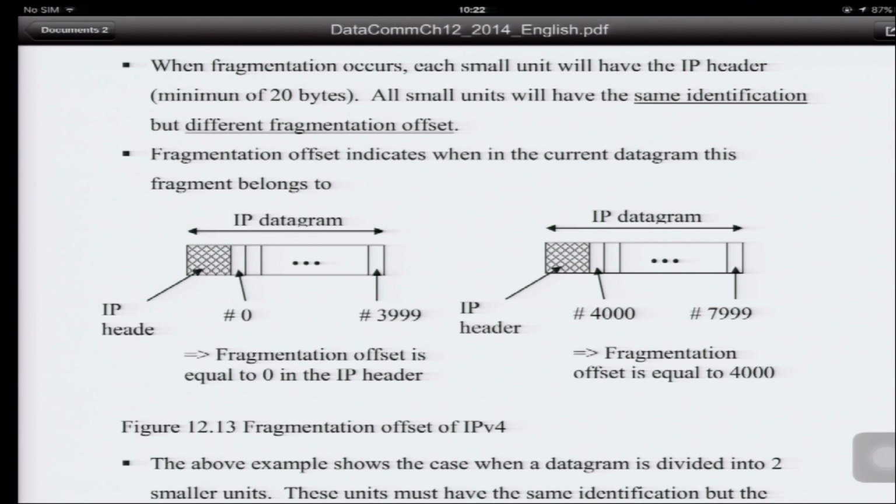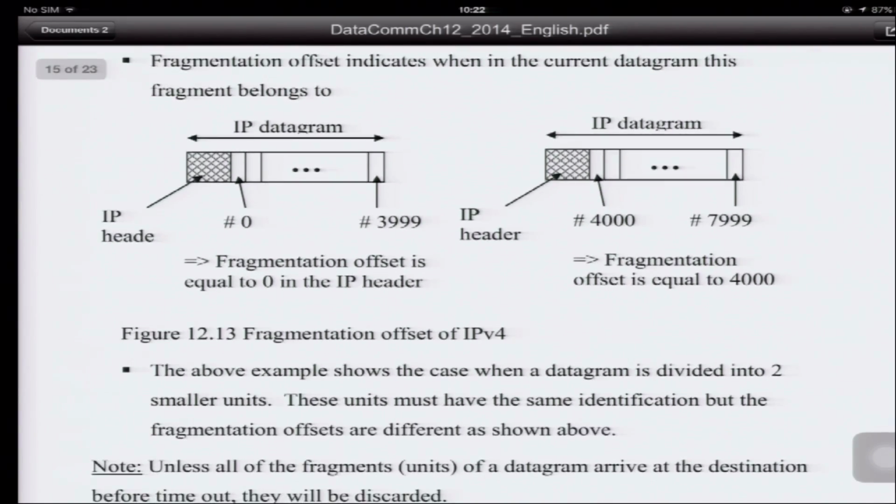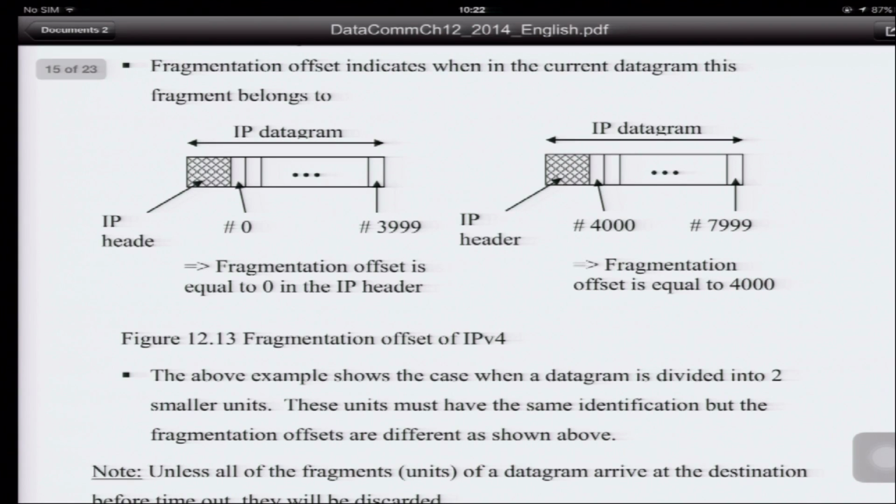So you know that it comes from the same original datagram. The same IP header, the same ID, but different offset. The offset indicates where in the original datagram this fragment belongs to.